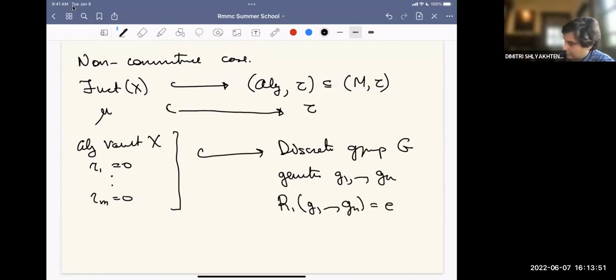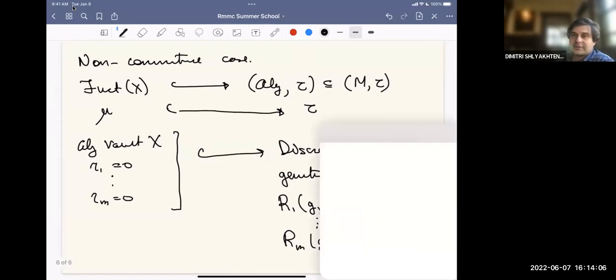I mean, I could make it 0, but whatever. And Rm of G1 through Gn equals the identity. Okay. So many groups are finitely presented.